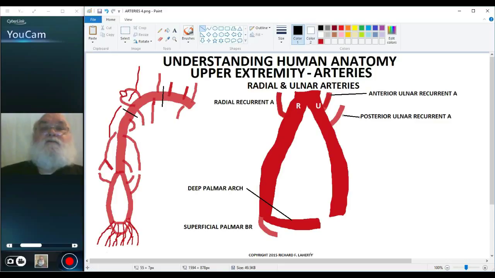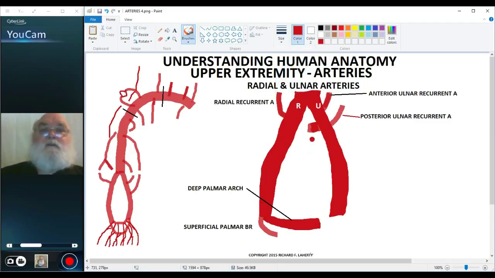Now, there is an artery that branches off the lateral side of ulnar, so it branches into the area between the ulnar and radial arteries. And that is called the common interosseous.